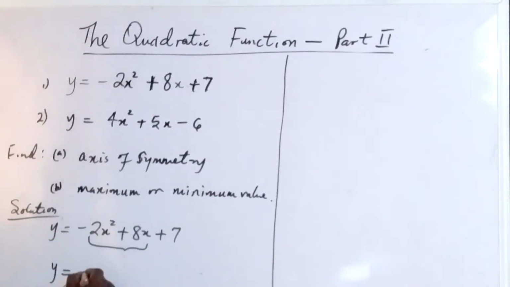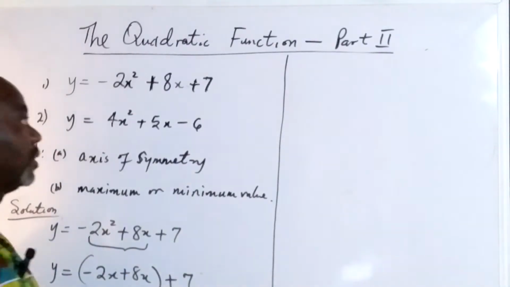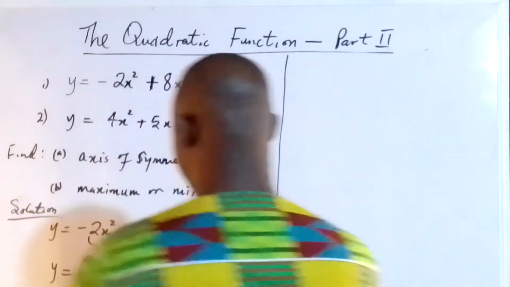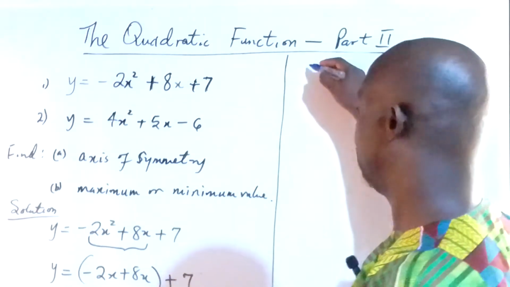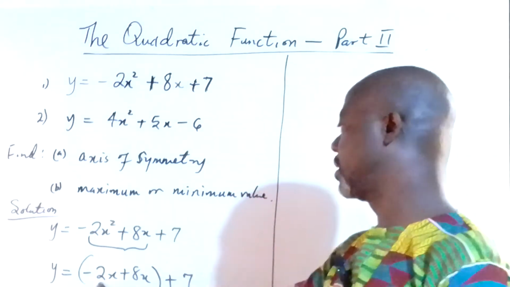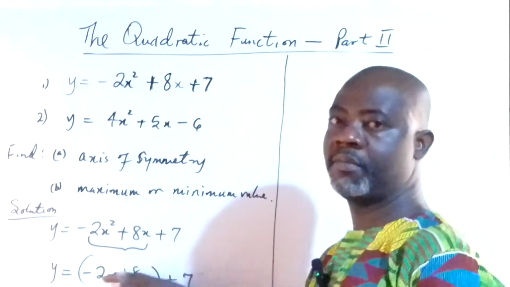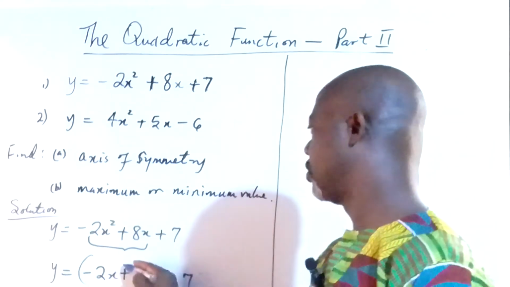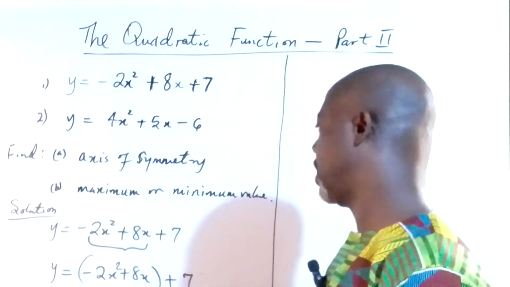Therefore we have minus 2x squared plus 8x, plus 7. So the next thing is to look at this term in brackets, minus 2x squared plus 8x.